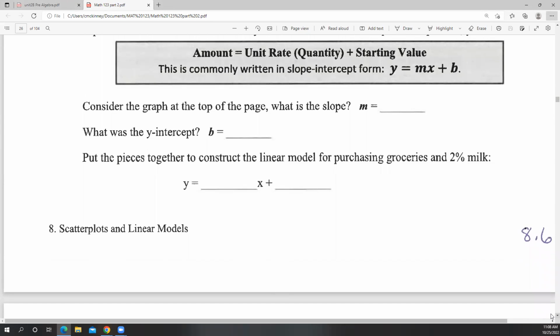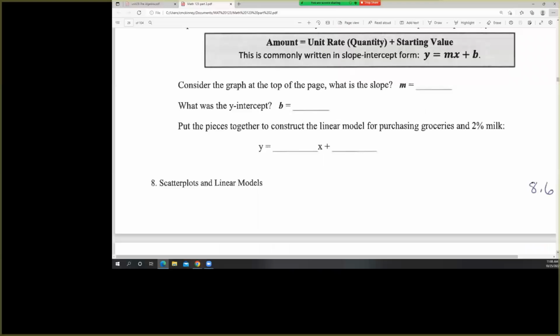So here, if I wanted to find the slope, I could just subtract points that are right next to each other. So for instance, 57.30 take away 54 and 1 take away 0, which gives me $3.30 for 1 gallon.